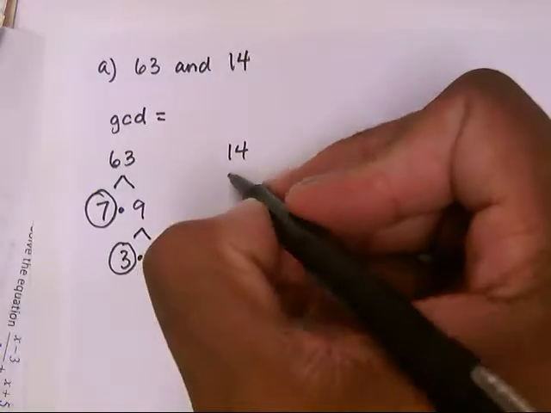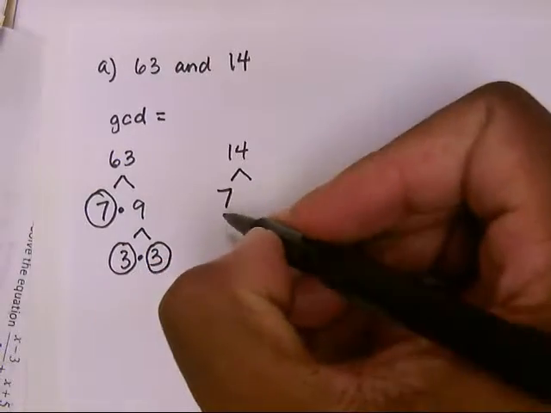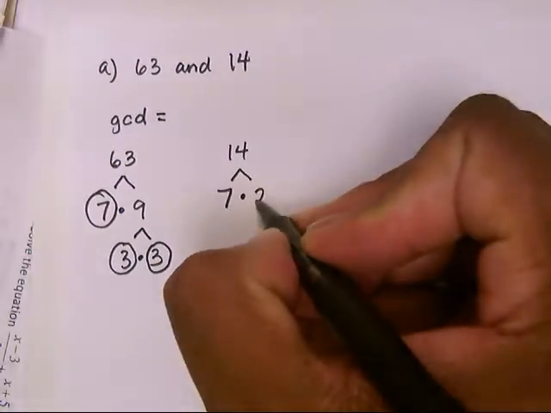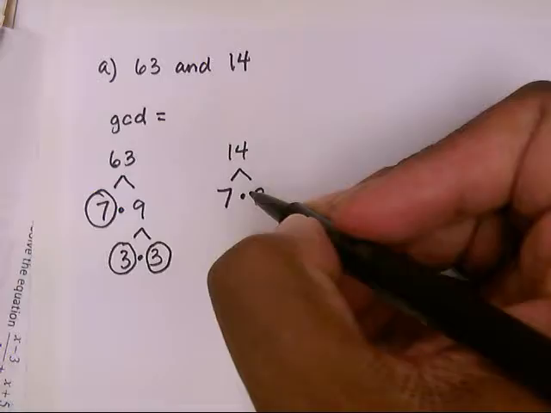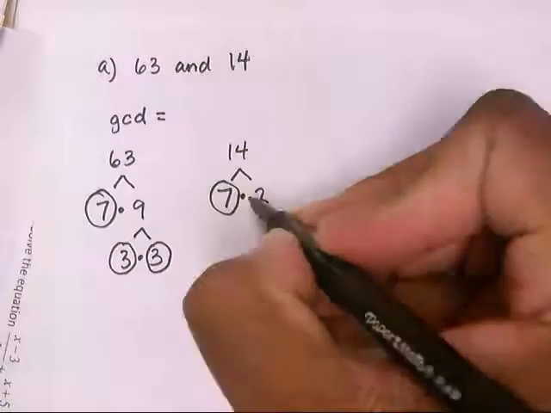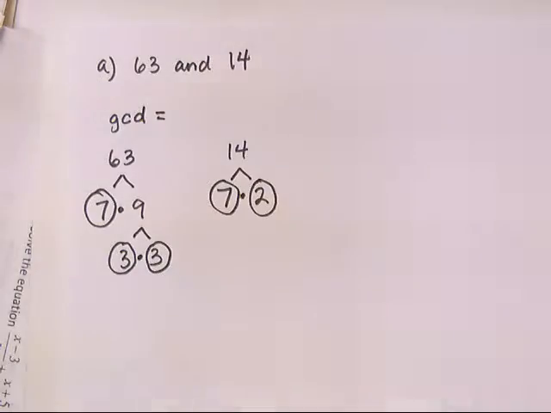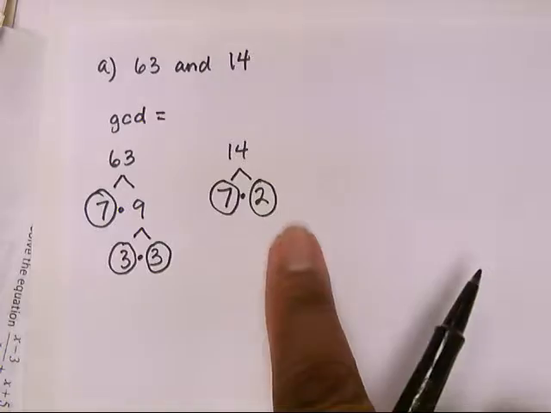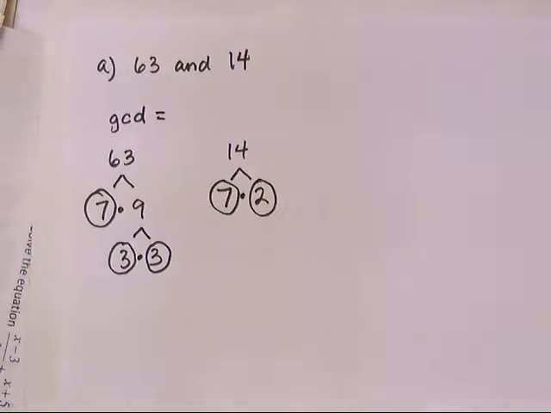Now for 14, that can only be broken up into 2 factors that are prime numbers, 7 and 2. 7 is prime and 2 is prime. So that's the prime factorization of 63 and the prime factorization of 14.